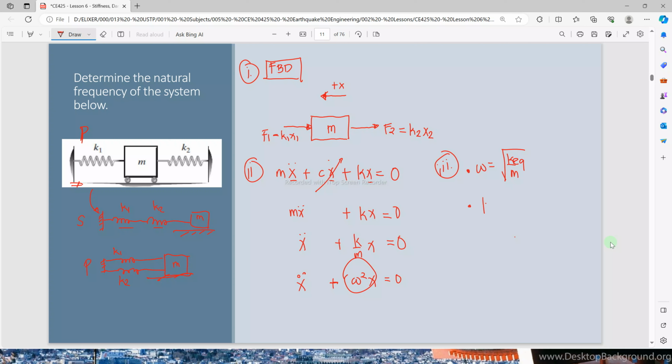Where do we get the equivalent stiffness? First determine if it is in series or in parallel. Since this is in parallel, our equivalent stiffness is just K1 plus K2. So our natural frequency for this system is just the square root of K1 plus K2 over m. See? No sweat. Very easy.